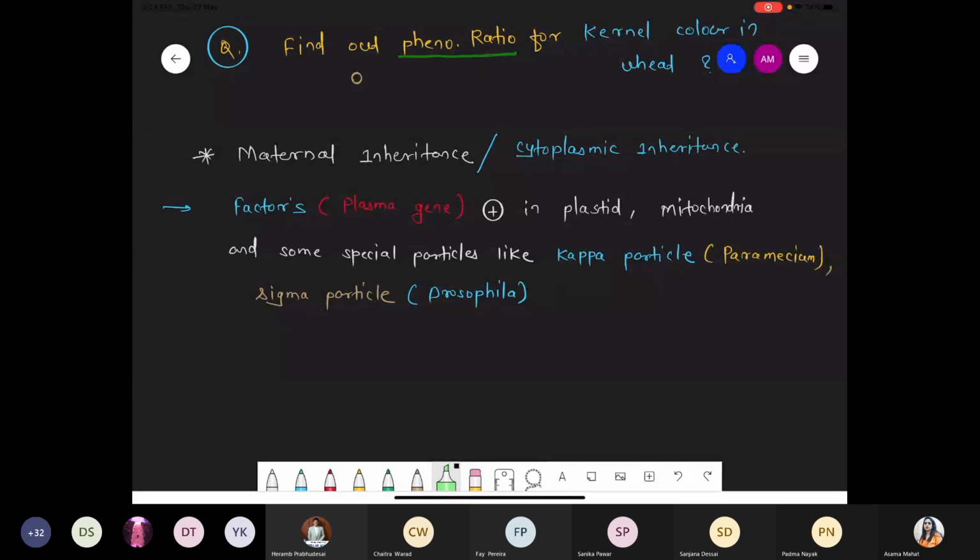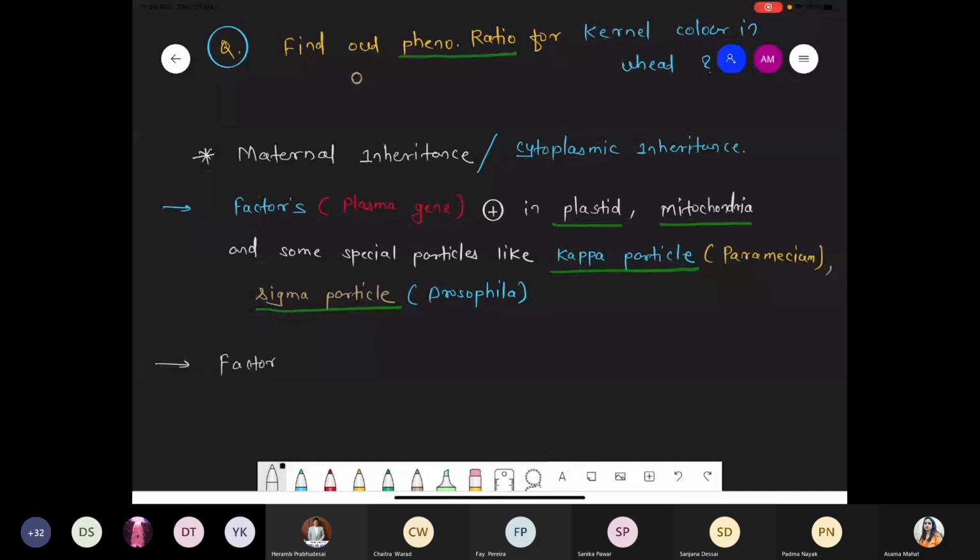Plasma genes are not present in all organisms. They are present in plastid, in mitochondria, in paramecium as the kappa particle, as well as in Drosophila as the sigma particle. Now such factors are present in particular organisms.